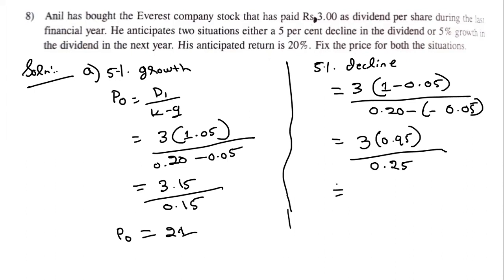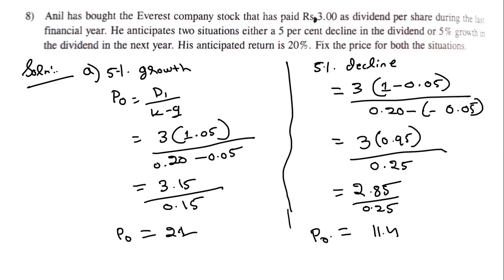So 3 into 0.95, that is 2.85, divided by 0.25, will be 11.4.